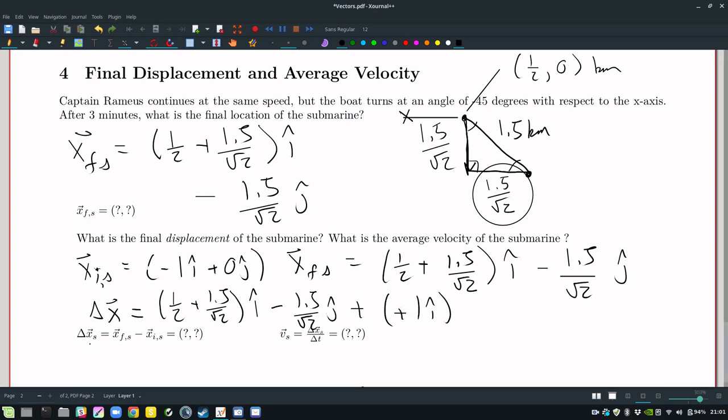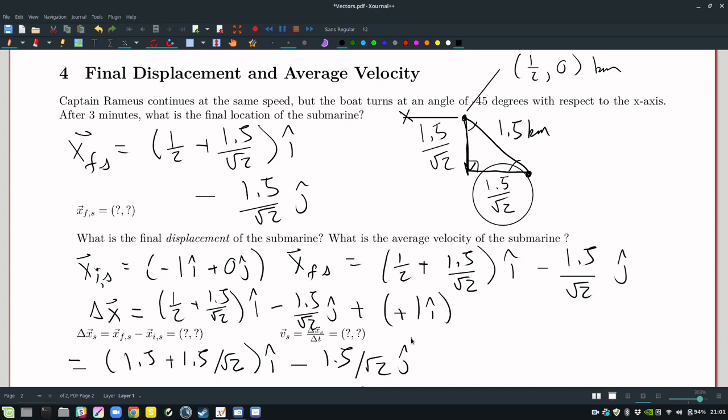And so the displacement of the submarine is 1.5 plus 1.5 over root 2 i, and then negative 1.5 over root 2 j.